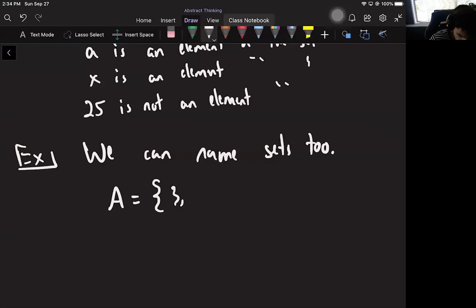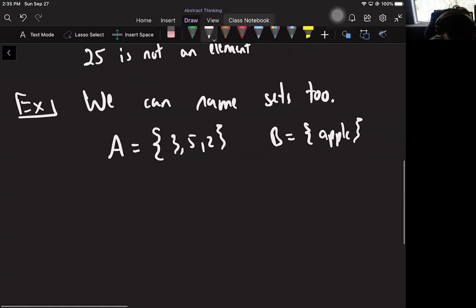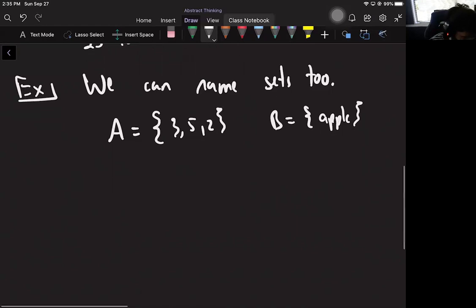I don't know, 3, 5, 2. And B equals the set with just one thing in it, the word apple. So those are 2 other sets that I've named. And that way I can call back to them later when I have more notation. And yeah, so now we just need more notation to do that.